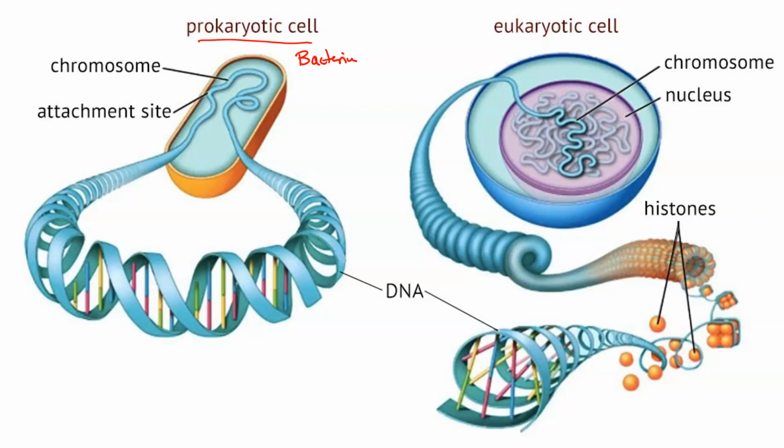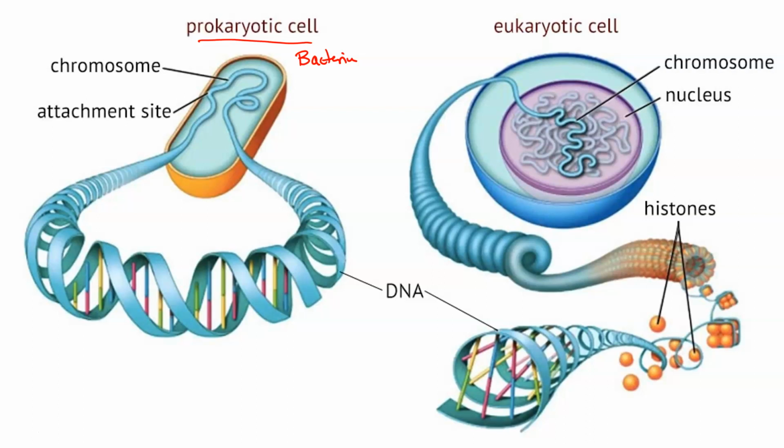They don't therefore have a nuclear envelope, or a specific place that encapsulates their DNA or genetic material. They keep that chromosome in a nucleoid region.